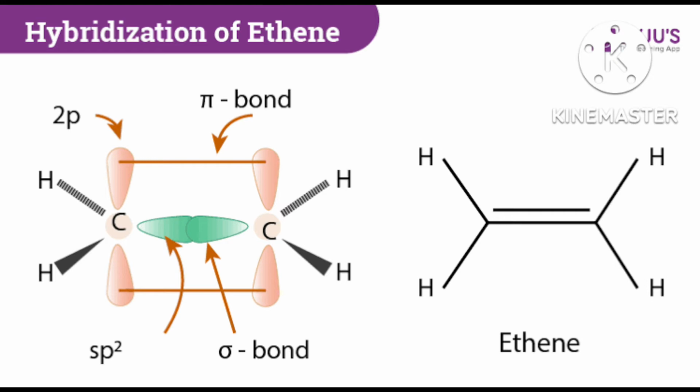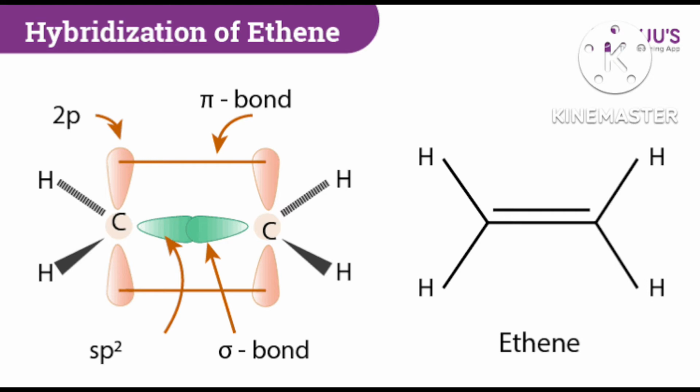The HCC bond angle, where carbon is attached to carbon and hydrogen, is 121 degrees. For the formation of sigma and pi bonds in ethane, I will send the diagram; you can see it and quickly understand.